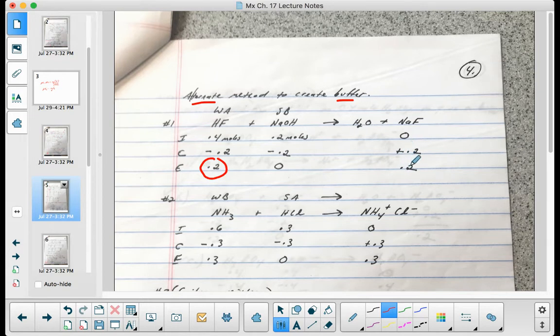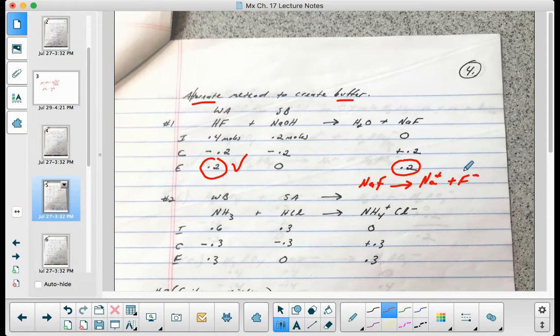So now in my solution I have 0.2 moles of the weak acid, and I also have 0.2 moles of this salt, sodium fluoride, that is a strong electrolyte that ionizes into sodium, and that's just a spectator ion. It's not going to do anything to the solution.